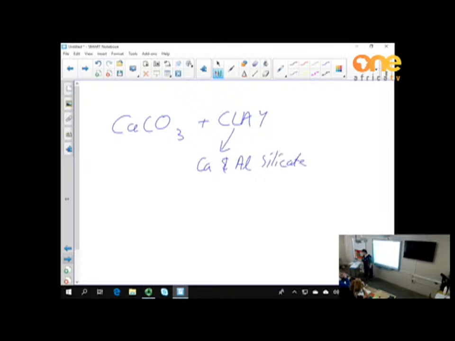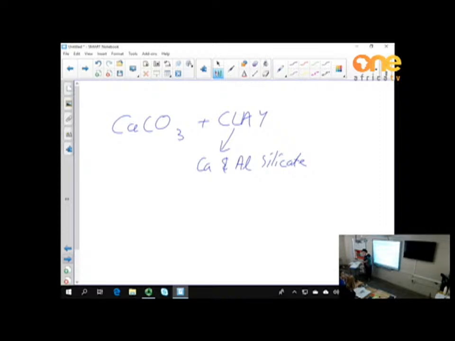All right, it's heated together in a furnace at about 1,400 degrees Celsius. The product is a mixture of calcium and aluminium silicates. These are in powder form when they come out of the furnace.